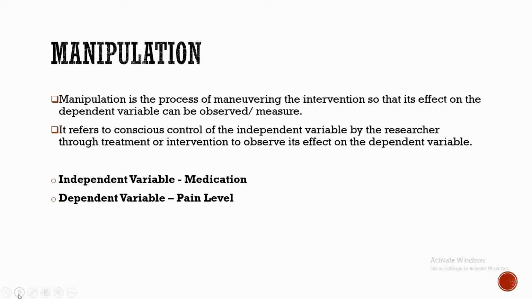Manipulation is the process of maneuvering the intervention so that its effect on the dependent variable can be measured. It is the conscious intervention which is actually done by the researcher in case of the independent variable in order to study the effect on the dependent variable.